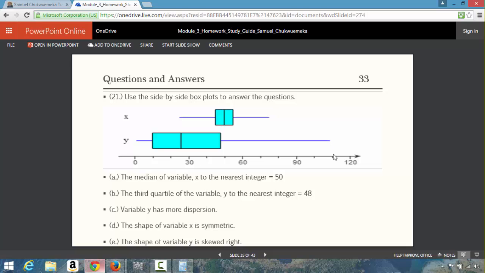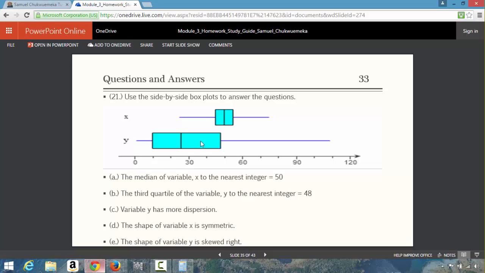This is like 110 minus 0. And this is like 20-something, maybe 27 minimum here, and this might be 70-something, maybe 75. So you see, the range of Y is more than the range of X.